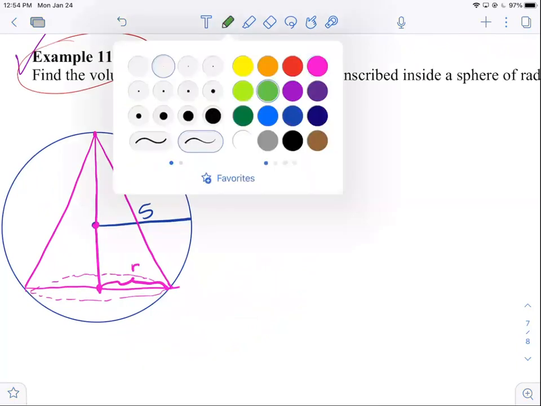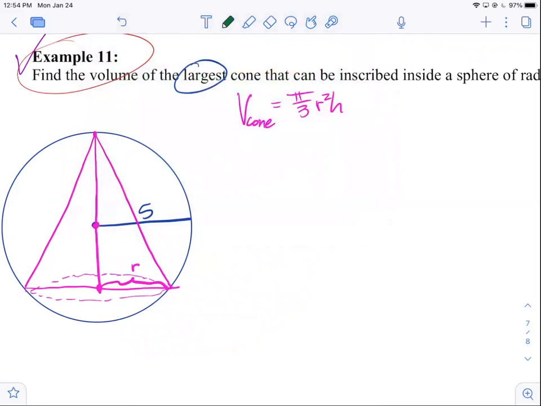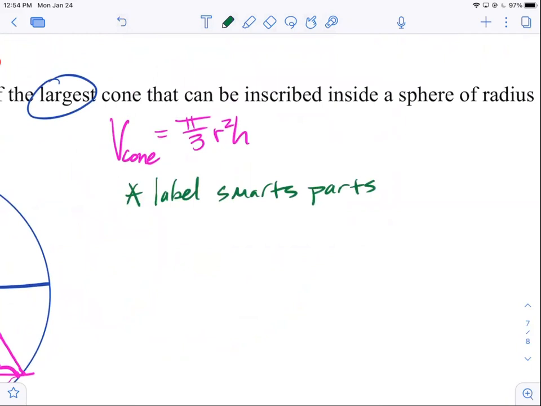If you label large parts, you're going to have to come back and use subtraction or fractions to measure smaller parts. So here's what I would recommend. Get in the habit of labeling your small parts. And then if you have to, you can build up the larger parts.